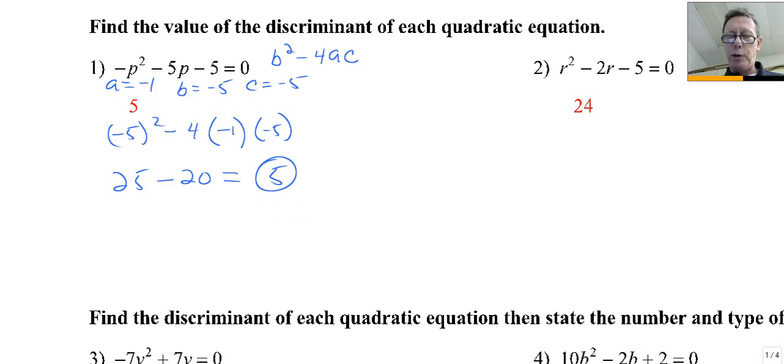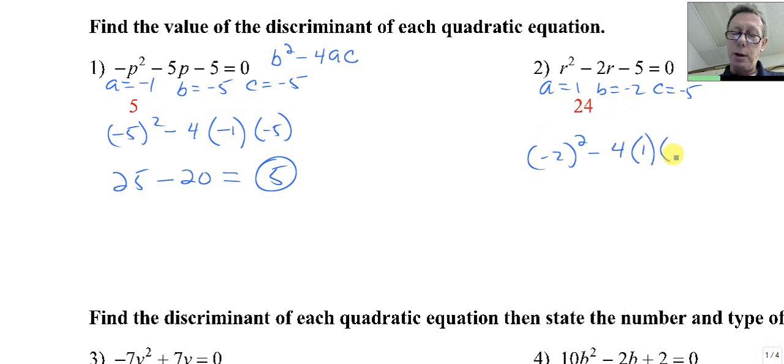Okay, let's move to the next one. And b squared minus 4ac, so a is equal to 1, b is -2, c is -5. So b squared, that's -2 squared, minus 4 times a times c, which is -5. So b squared here is going to be 4.